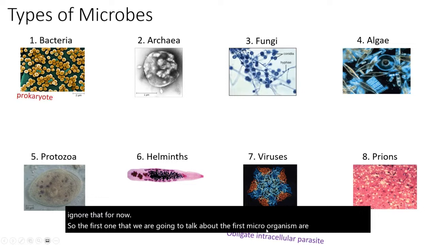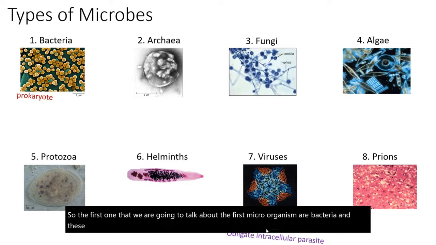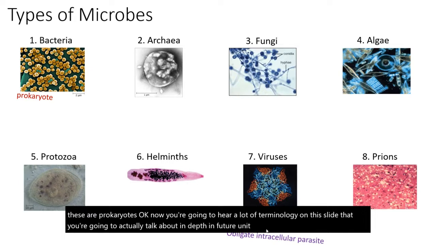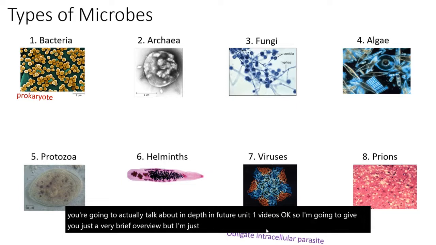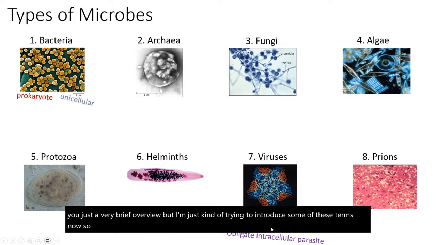And these are prokaryotes. Now, you're going to hear a lot of terminology on this slide that you're actually going to talk about in depth in future Unit 1 videos. So I'm going to give you just a very brief overview, just trying to introduce some of these terms now. Prokaryotes are unicellular organisms. Uni meaning one.